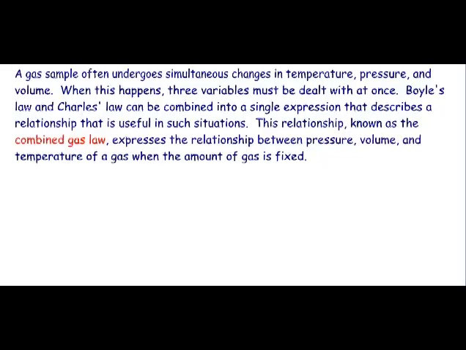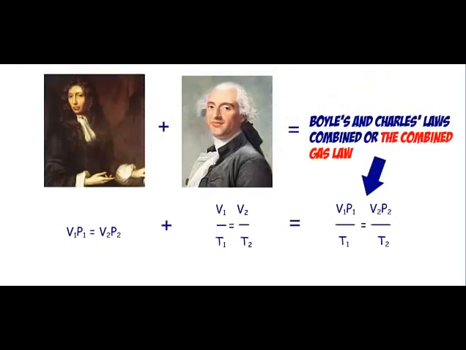The combined gas law, sometimes known as Boyle's and Charles' laws combined, is just that, a mathematical result of combining Boyle's law of V1 P1 equals V2 P2 with Charles' law of V1 over T1 equals V2 over T2. And if you look over here on the right, you can see that that's exactly what has happened. We have combined those two previous laws into one mathematical expression.